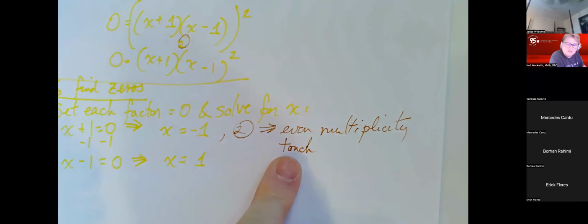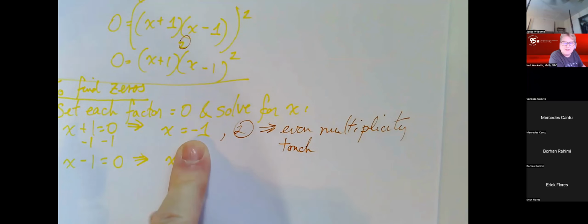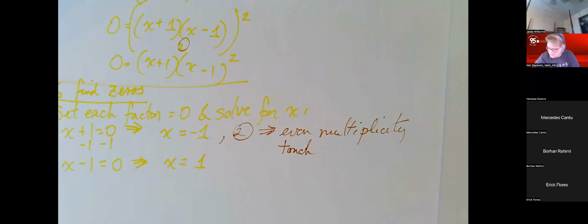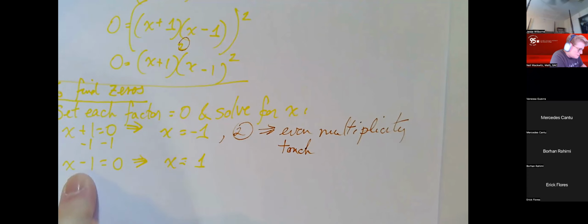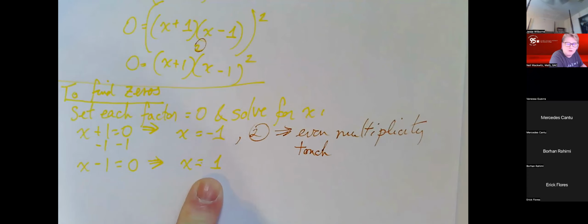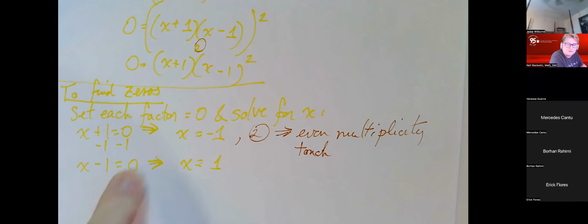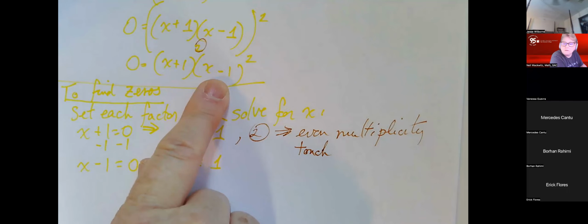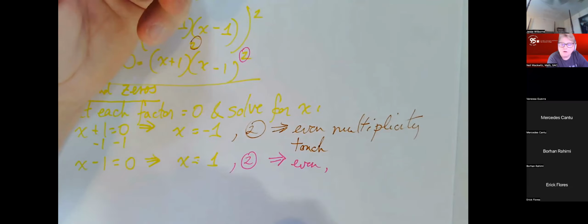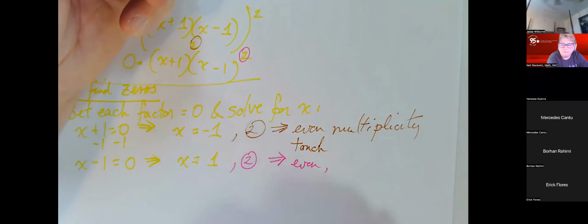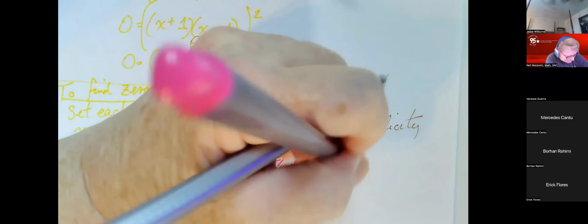The graph is going to touch the x-axis at x equals -1. Well, what is the multiplicity of x equals +1? In other words, what is the exponent on the x minus 1 factor? 2. Good. And is that even or odd? That's even. So is the graph going to touch or cross at x equals 1? Touch. Good.